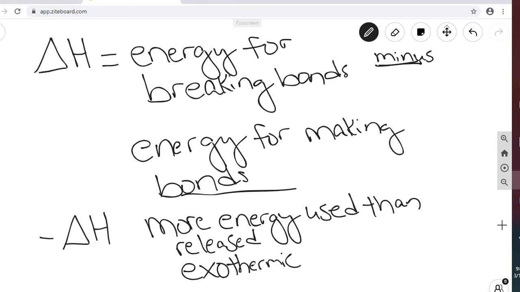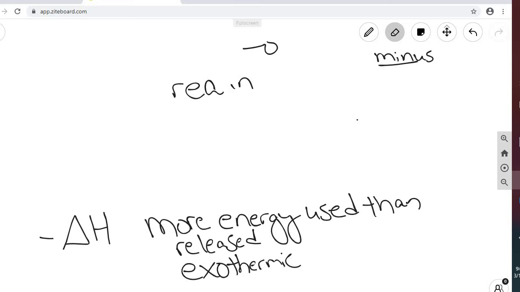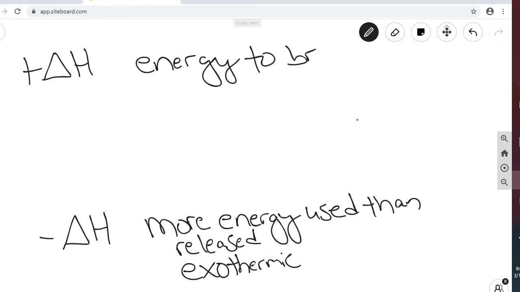Okay, and then conversely, if you have a positive delta H, that means that the energy to break the bonds was greater than the energy to make the new bonds.